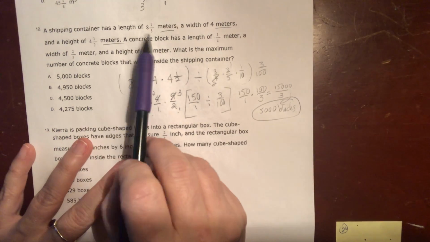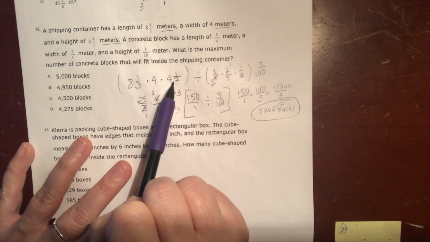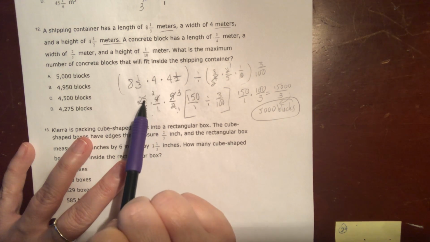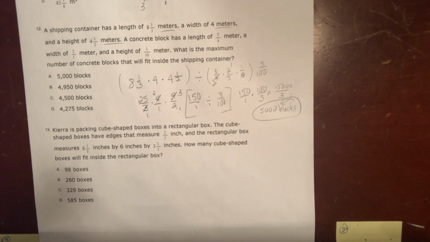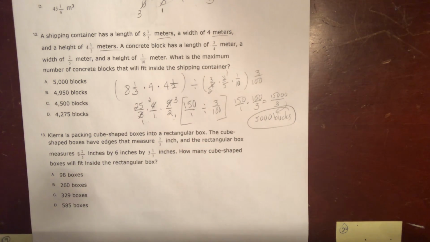All right, let me look. 8 1/3 times 4 times 4 1/2. Let me do it on a calculator just to be... I'm wondering if it was this cross multiplication I did right here. 8.3 times 4 times 4.5 is 149.